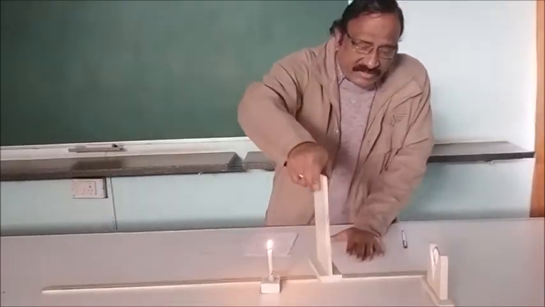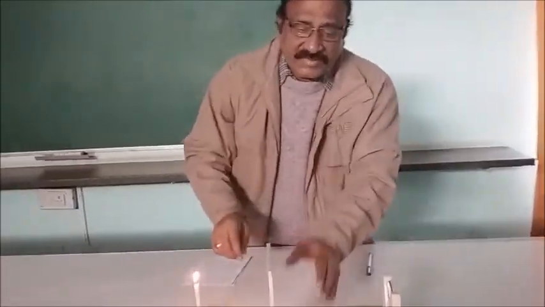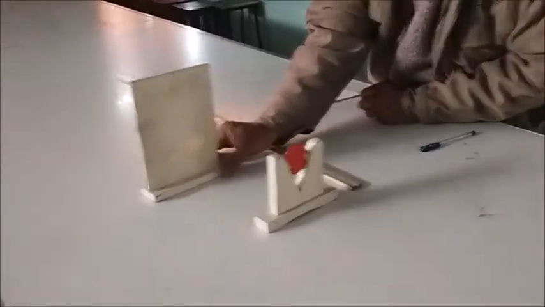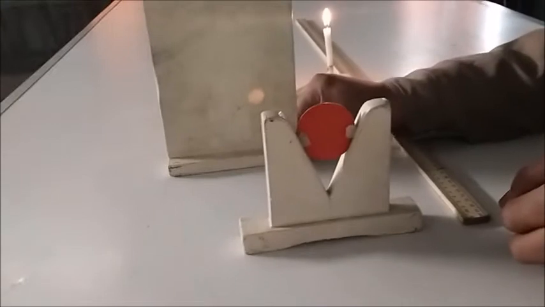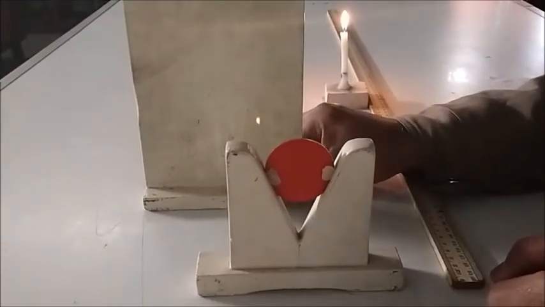And we try to locate the image on the screen. The image is forming on this face of the screen, so try to concentrate on this face. We adjust the screen and we get an image of this candle somewhere here.